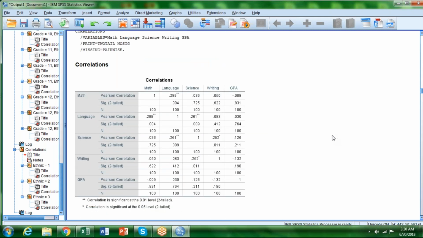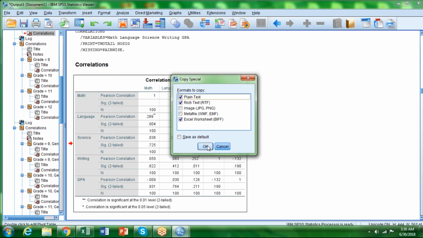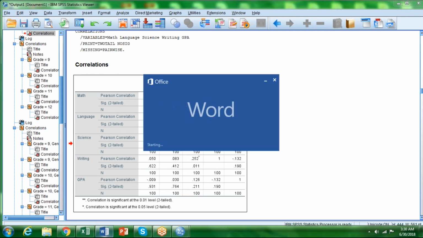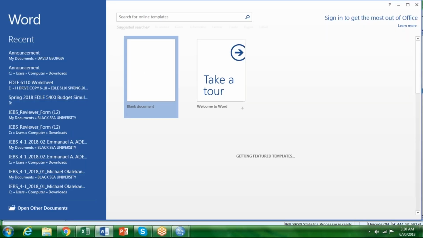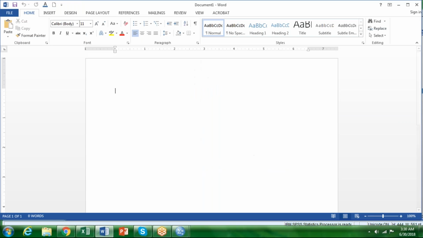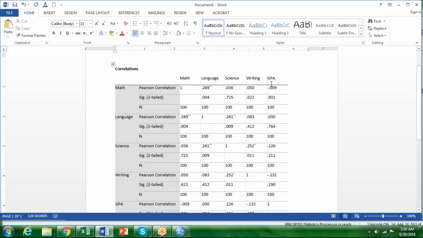Here's our very first correlation file, whole group. Just click on it, copy, say copy special, which seems to work best, and then open your Word document and paste it in there. This gives you all of your variables and your correlation table.